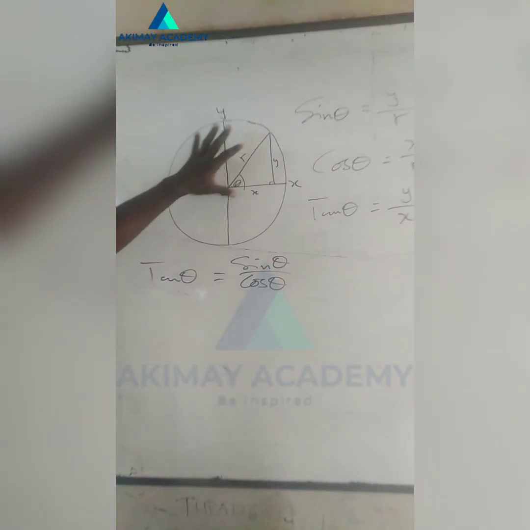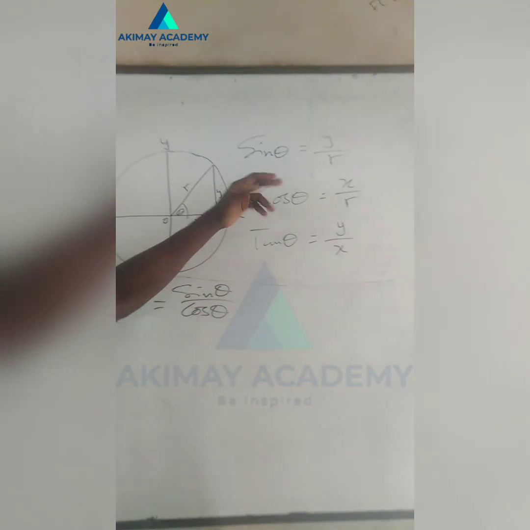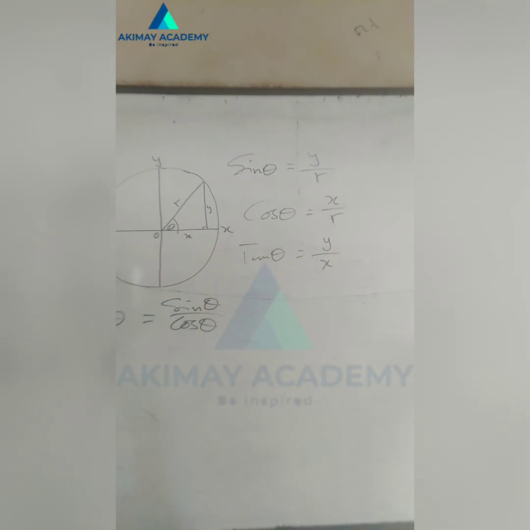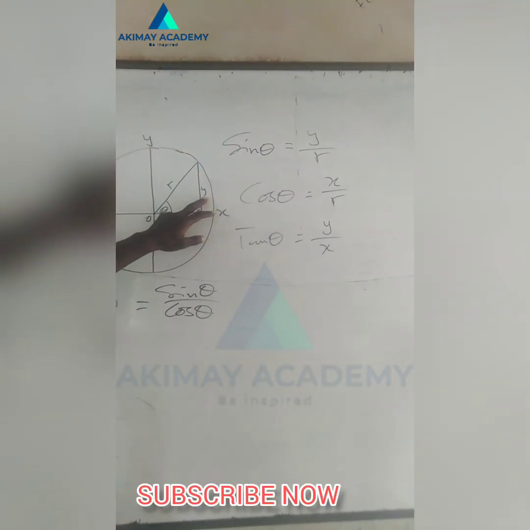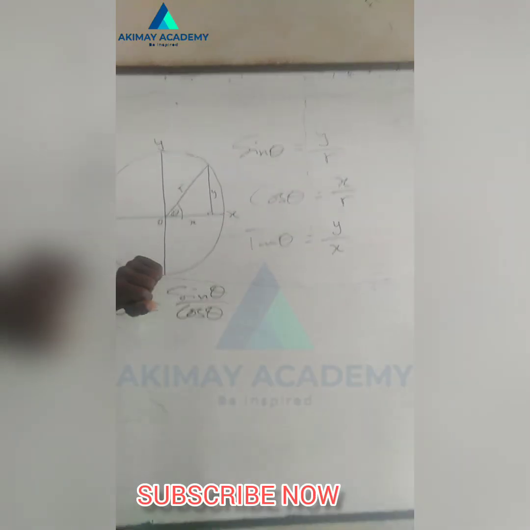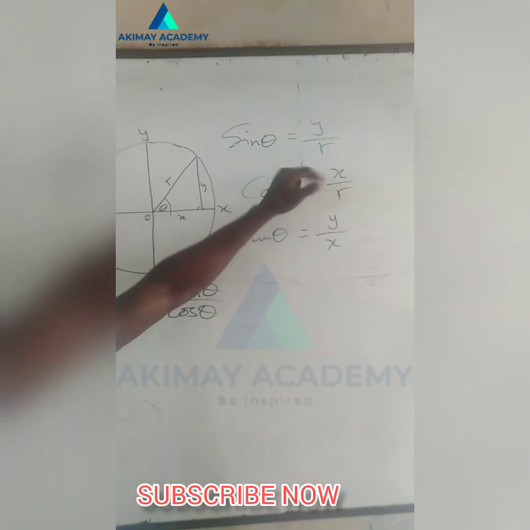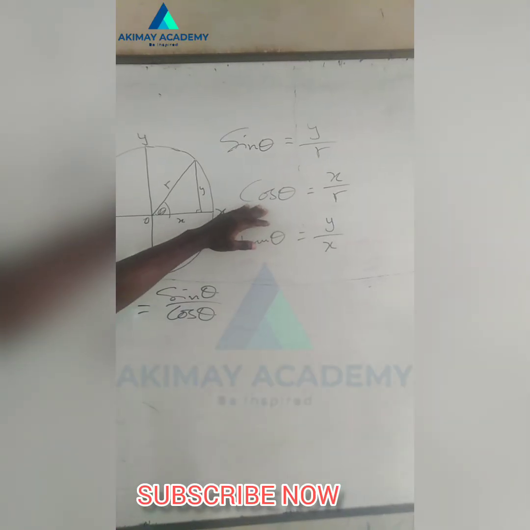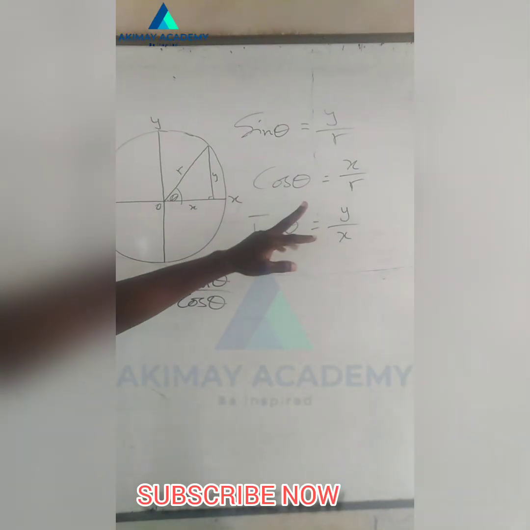So from this shape, you could realize that sine theta, which all of us know is opposite over hypotenuse. Here the opposite is y, and the hypotenuse is our radius, r. The same applies to cos theta, which is adjacent over hypotenuse.